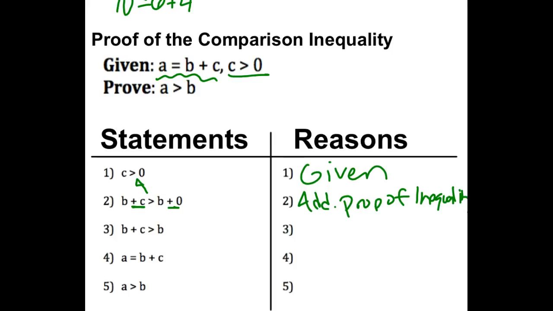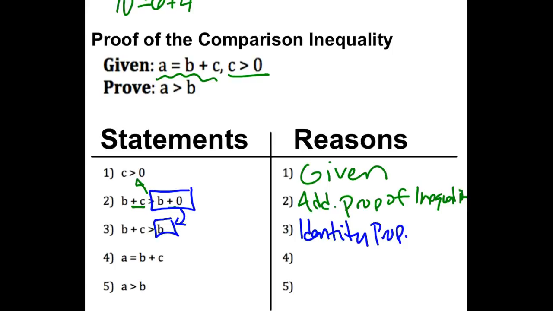Because of that, B plus C is greater than B. The identity property allows you to say that something plus 0 is just that something. So that's the change that's occurring there. That's something you'll talk about more in Algebra 2.